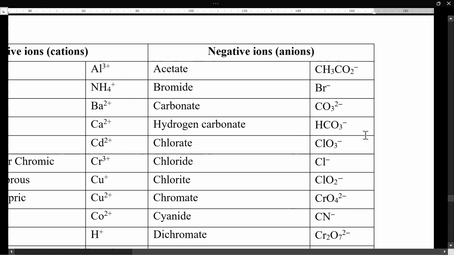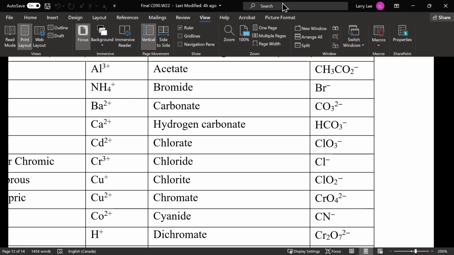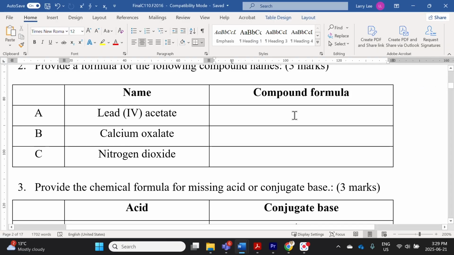And so that negative charge on the acetate will tell you that this is going to require Pb is lead. So you write down Pb and then CH3CO2 with a negative, we get rid of the negative charge and put a 4 here to balance this out.